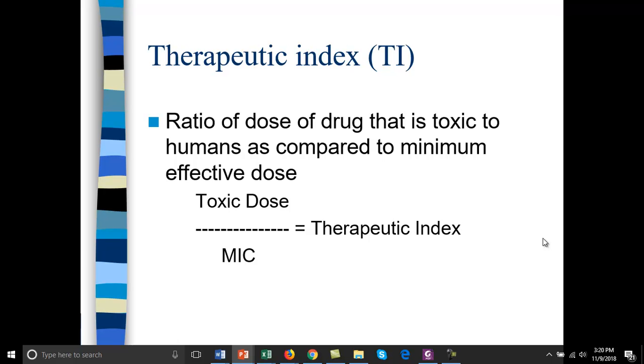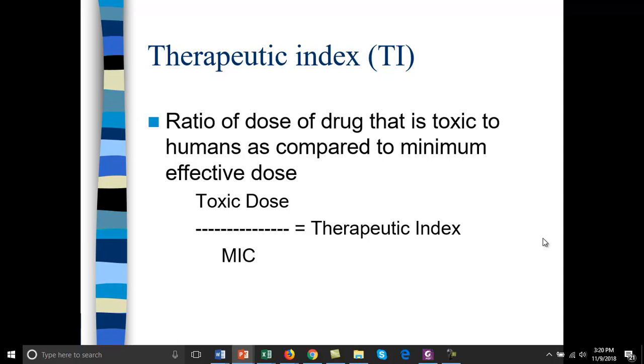The therapeutic index is the ratio of the dosage of drug that is toxic to humans compared to the minimum effective dose. We call that the toxic dose, which is in the numerator, and then the minimum inhibitory concentration, or MIC, which is in the denominator. The toxic dose is the dose that's toxic to humans. The minimum inhibitory concentration is the dose that's toxic to bacteria. And so we take that, and that's the therapeutic index.